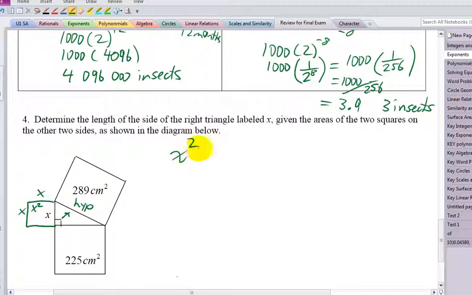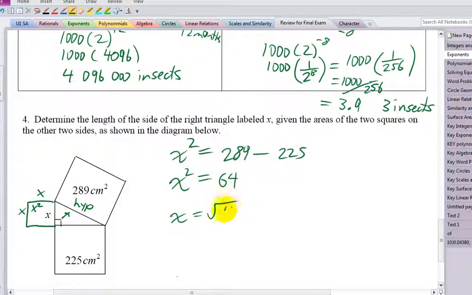So should we add or subtract to find x squared? Subtract. So 289 minus 225. We subtract our squares. That equals 64. Well, that's the area of the square, and then you square root 64 if you want to find x. 8 centimeters.